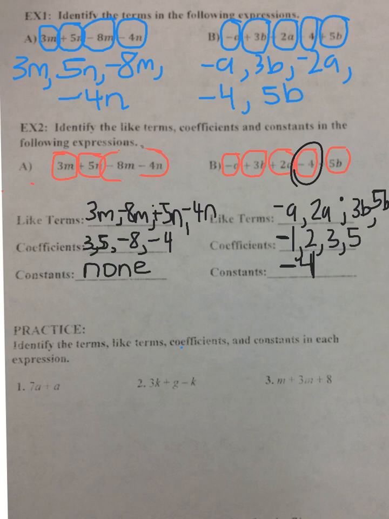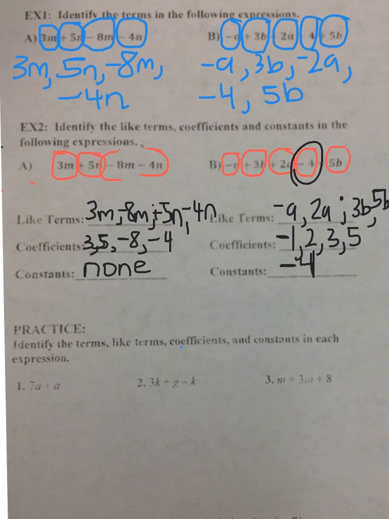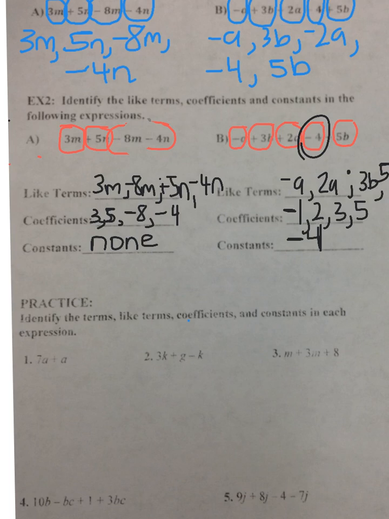Go ahead and try the practice problems below where you're going to identify the terms, like terms, coefficients, and constants in each. So for the part where you are identifying the terms, you want to make it very organized.